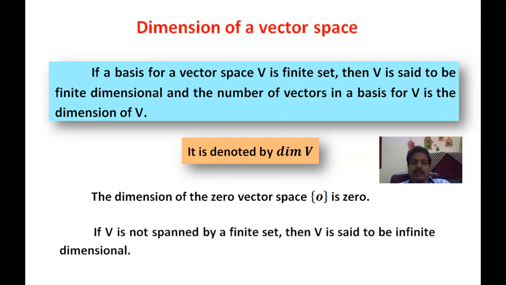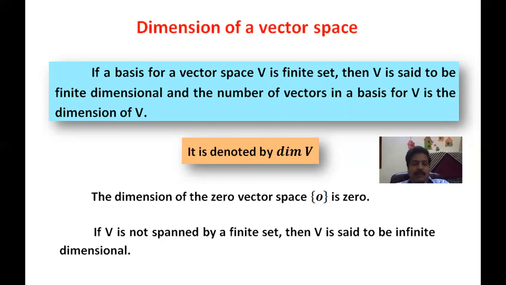If V is not spanned by a finite set, then V is said to be infinite dimensional. That is, no basis with a finite number of vectors can span the set. Whenever we say that it is a basis, there are two properties.